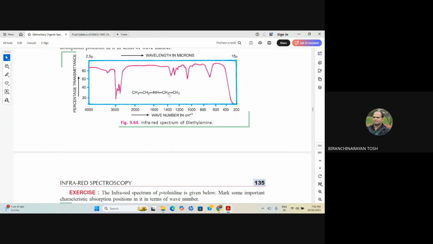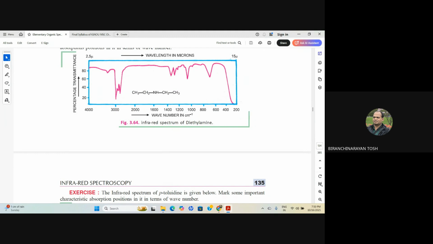Then what are the different fragments? There may be an ethyl group, CH3CH2, one fragment, and CH3CH2NH, another fragment, and there may be an NH fragment. Like these, different fragments will be there, and you will observe different fragment peaks. From that you can predict the molecular mass of the compound.